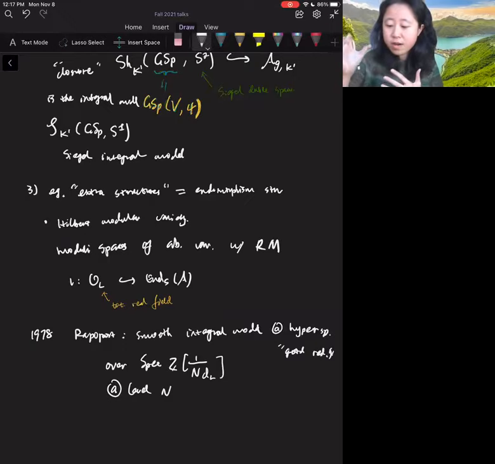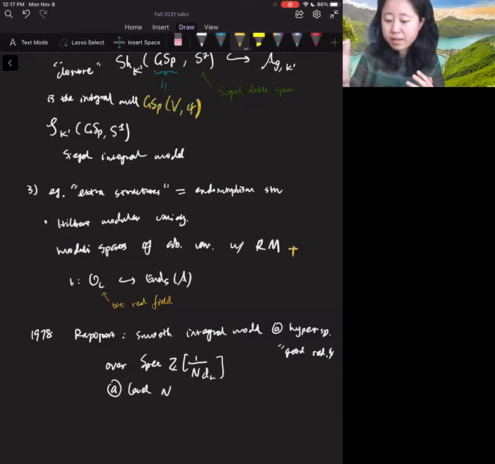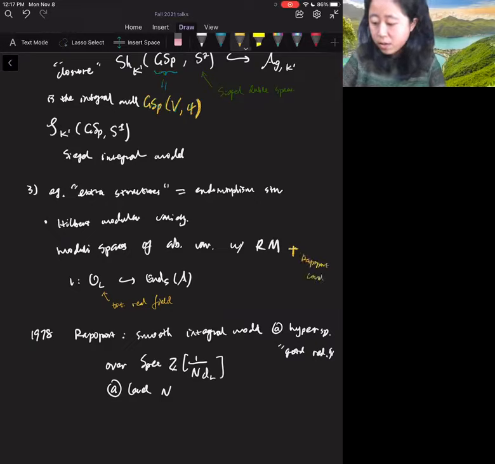And in order for this integral model to be a nice moduli space, you need to add some extra condition here. So these integral models are moduli spaces of abelian schemes with real multiplication, satisfying some extra compatibility condition called the Rapoport condition.